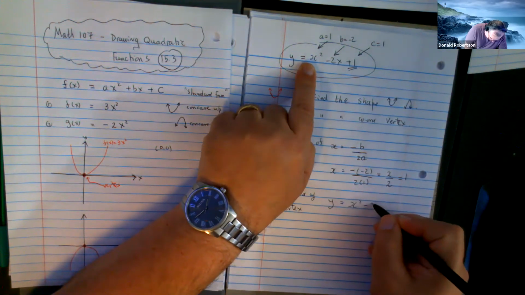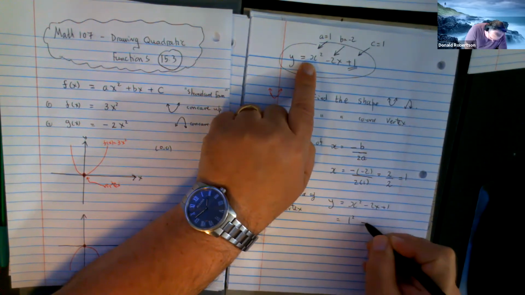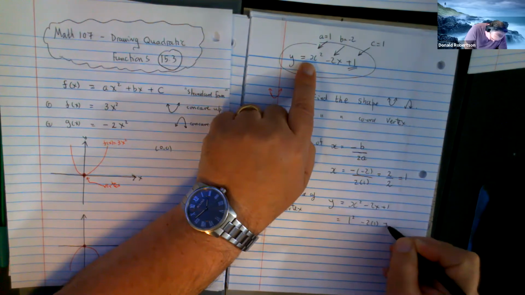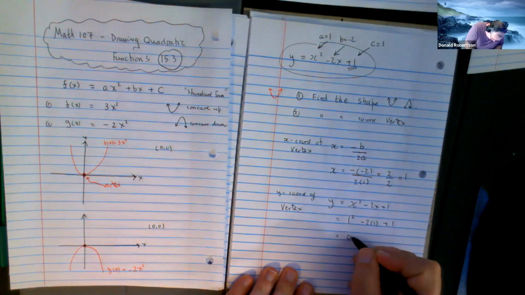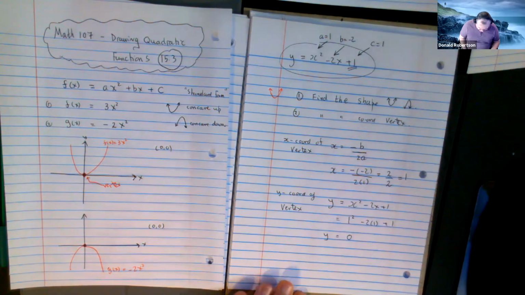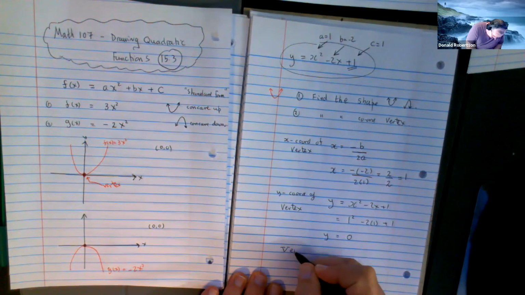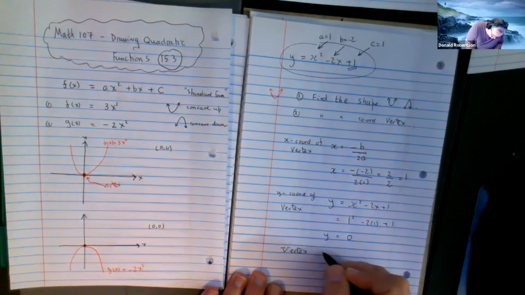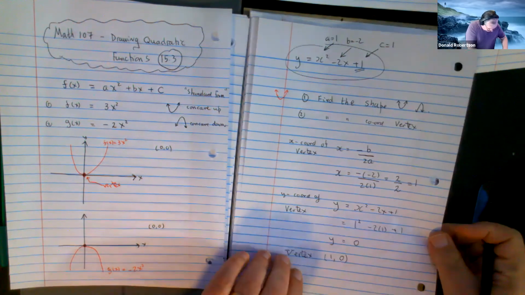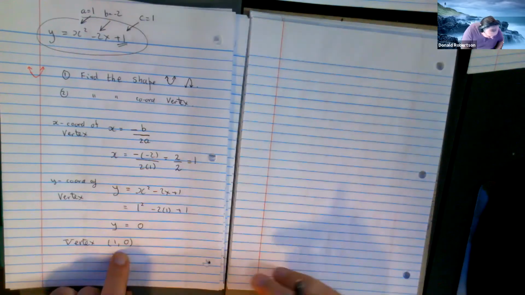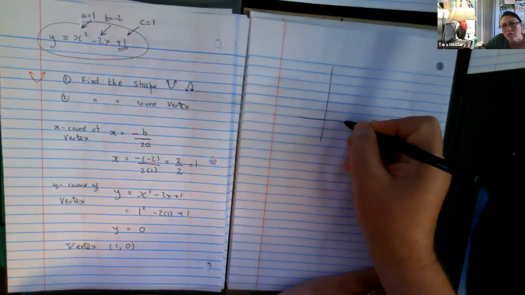So I'm plugging it in: 1 squared, take away 2 lots of 1, plus 1. I wish this answer hadn't appeared, but it's the right answer, so I'm going to live with it. It's 0. So that makes the vertex 1, 0.